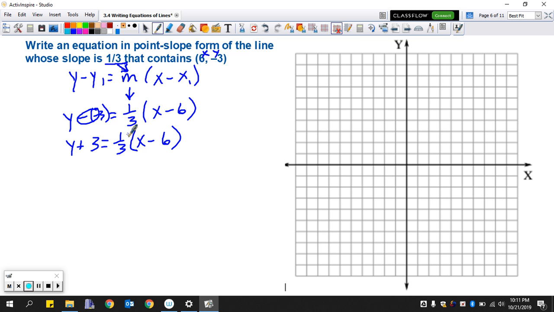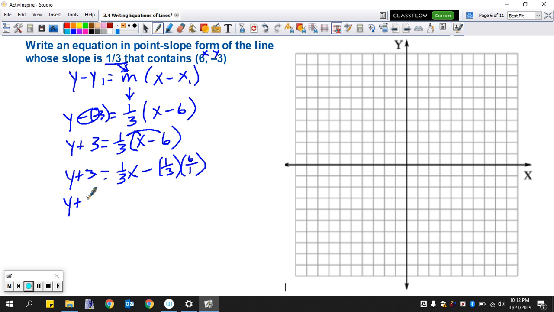If we distribute the 1/3 to the x, we end up with 1/3 x, and the 1/3 to the 6, so minus 1/3 times 6 over 1. We're going to keep the y plus 3 for the time being.